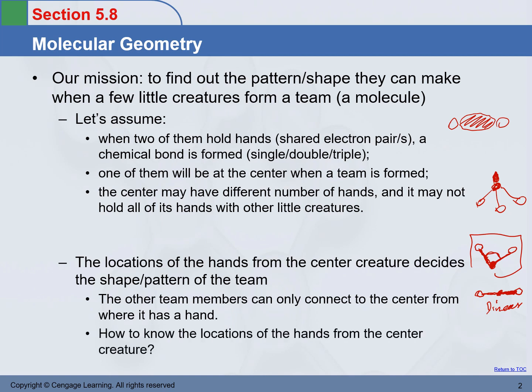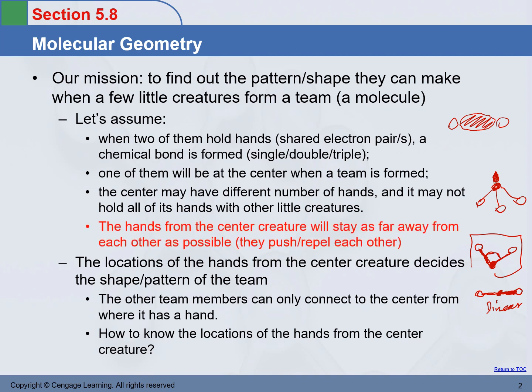Now, how do I know the locations of the hands from the center creatures? Okay, we understand that if we see the location, we understand the final shape, but how do we know the locations of the hands? Well, here is another important assumption we will make.